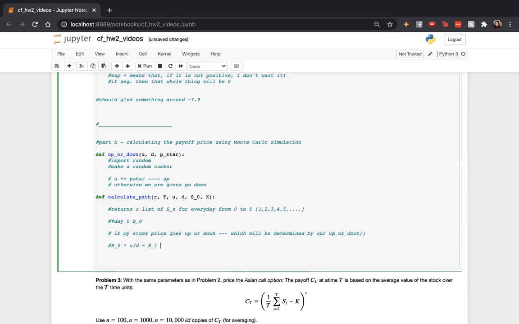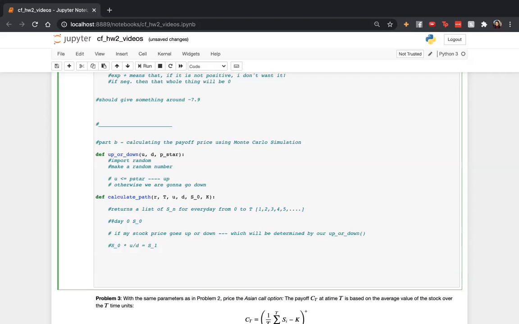After we have calculated our path, this is where the Monte Carlo part comes into play. These things are going to give us our stock prices from the first day all the way to the last day. Again, I just want to put it out there: you may have done this differently by the time you're watching this video.